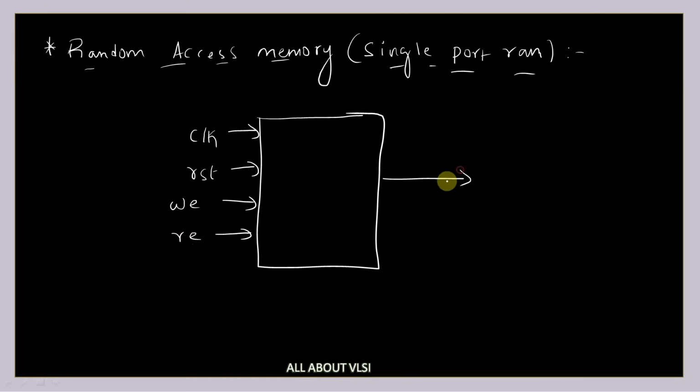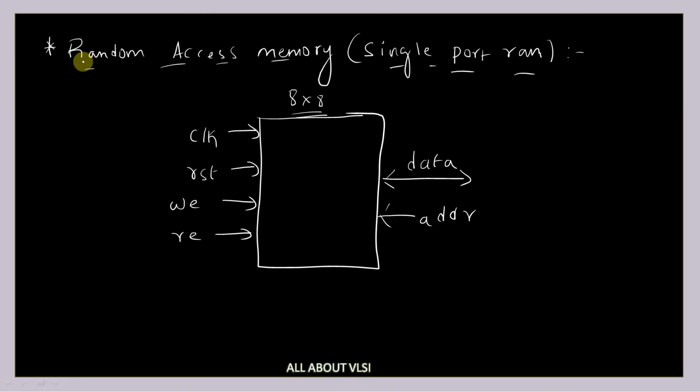This data signal is a bidirectional signal from which we can write the data into this RAM and from which we can read the data from the RAM. And we have only a single address pin. So this is my single port RAM, and again we are going to consider a simple 8x8 single port RAM.